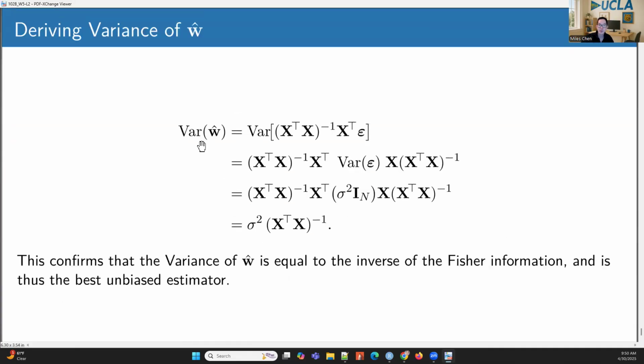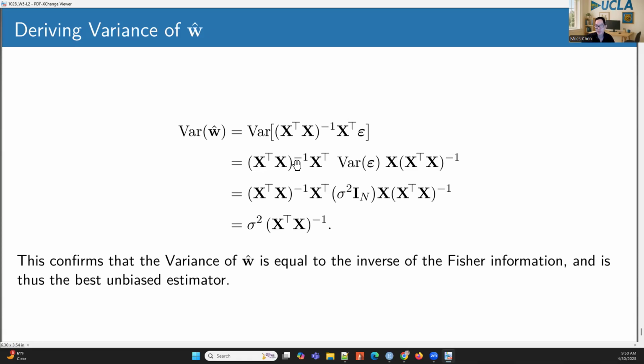So if I want to ask, what is the variance of W hat? Again, W hat is X transpose X inverse X transpose epsilon. What is the variance of all of this? This is what we get.